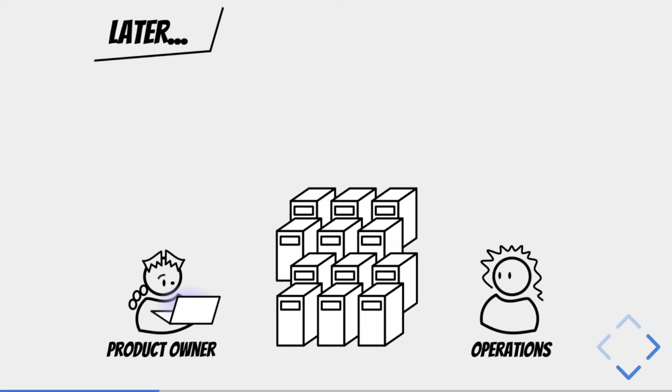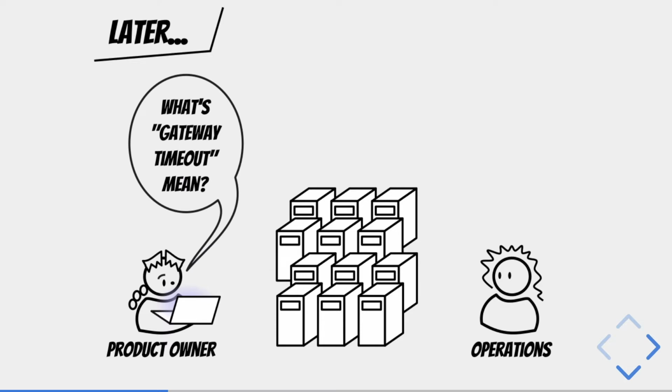You might be having a perfectly good day, having your coffee, and your product owner comes to you going, "Hey, what's gateway timeout mean?" And suddenly you have to debug a very complicated application across multiple servers and multiple tiers, and you know that it's going to be a very, very long day.